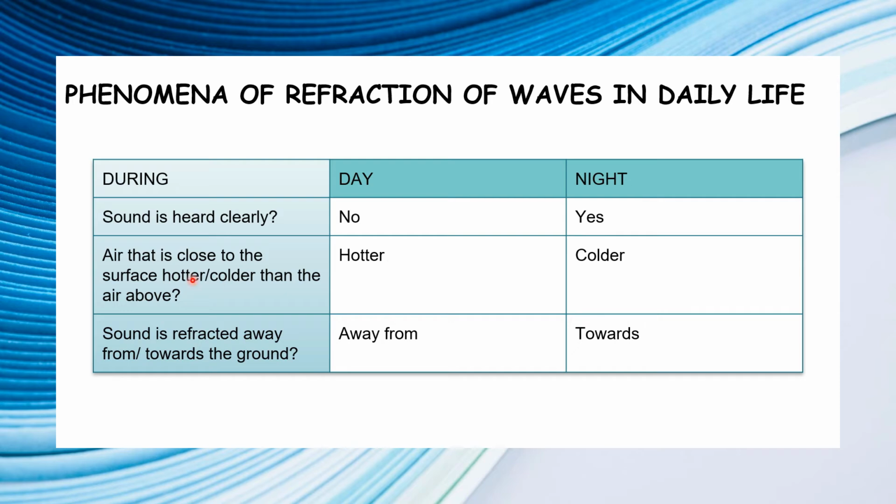During the night, air that is close to the surface is colder than the air above, and the sound is refracted towards the ground. So this is the reason why the sound from a distance can be heard more clearly during night than during the day.